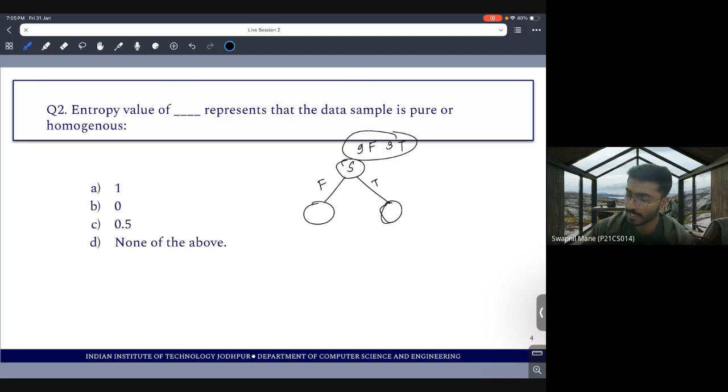These 9 and 3 represent whether they studied or not: 9 failed and 3 passed.